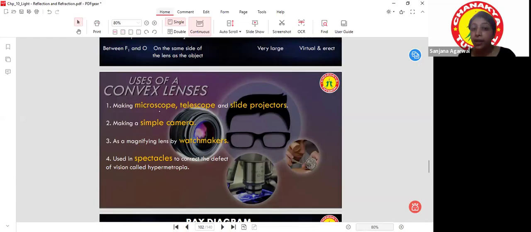Convex lenses are used in making microscopes, using all the cases' properties, telescopes, light projectors, so as to focus an image on the screen, making a simple camera, as a magnifying lens by watchmakers, and also in spectacles to correct the defect of vision called hypermetropia. You must all have learned about this. We will also be taking up the human eye and the colourful world chapter after this.